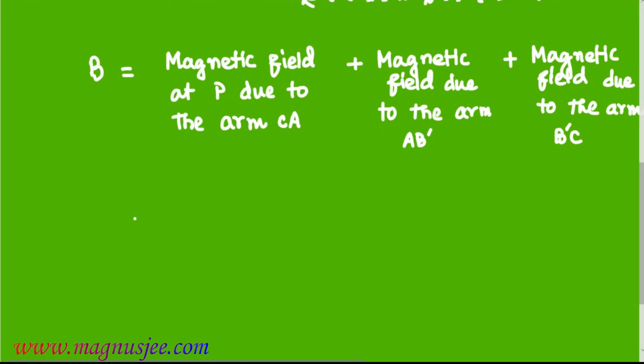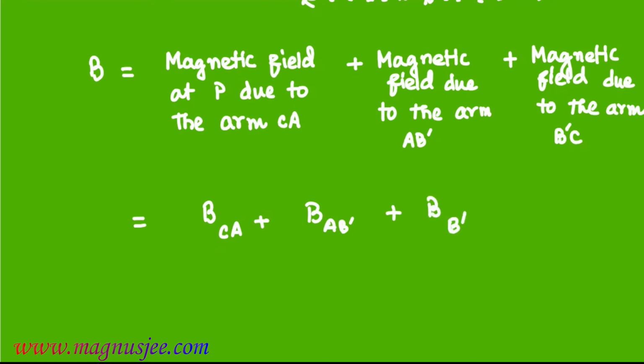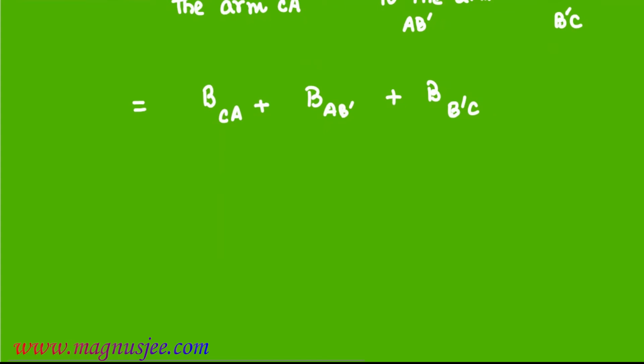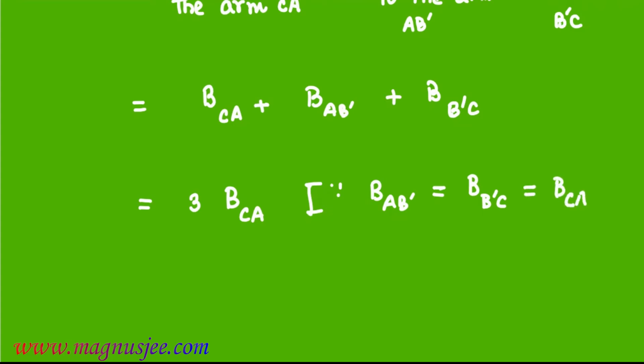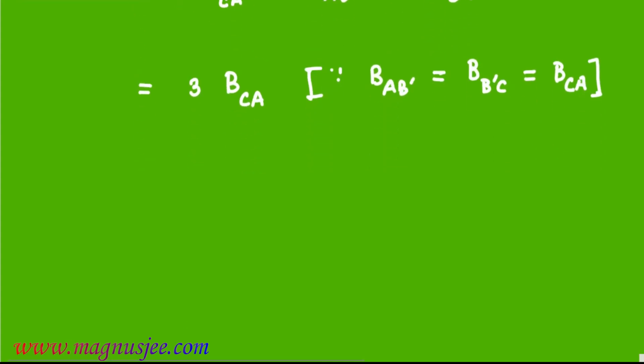B equals BCA plus BAB prime plus BB prime C, which equals 3 BCA, since BAB prime equals BB prime C equals BCA. The magnetic field induction due to the three sides will be the same.